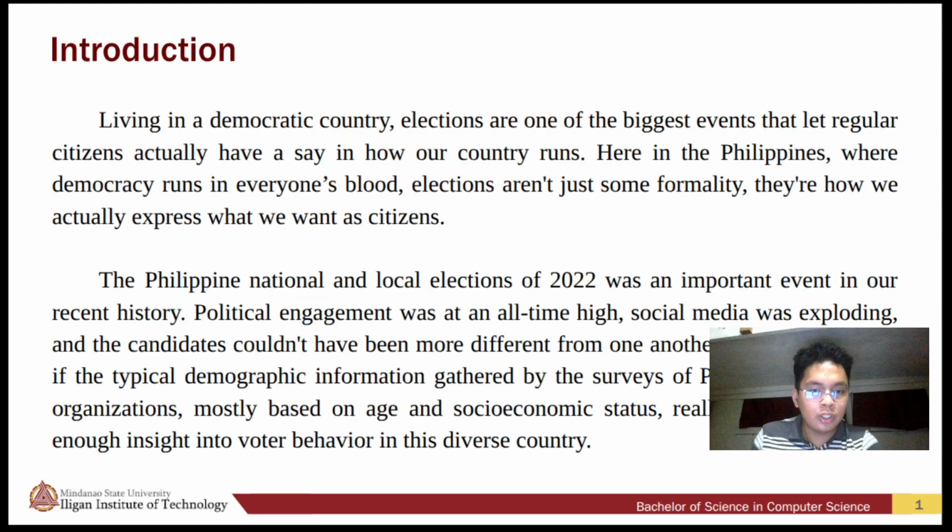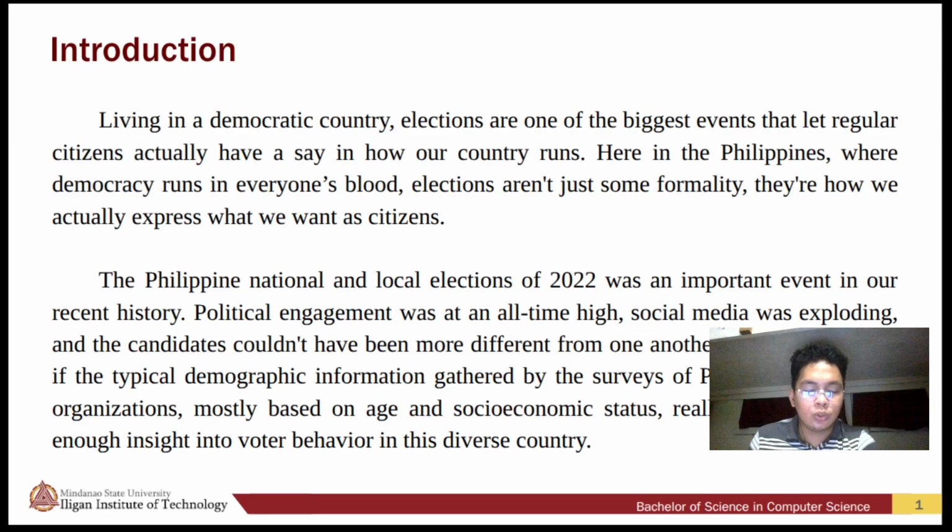For the introduction, we are living in a democratic country, and elections are one of the biggest events where regular citizens like us have a say in how our country is going to be run by the government.